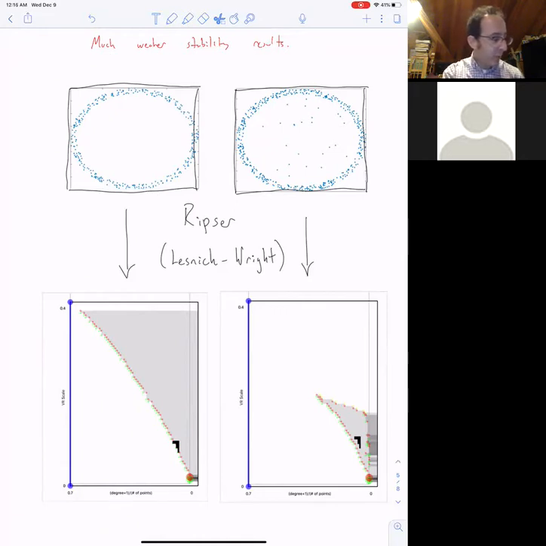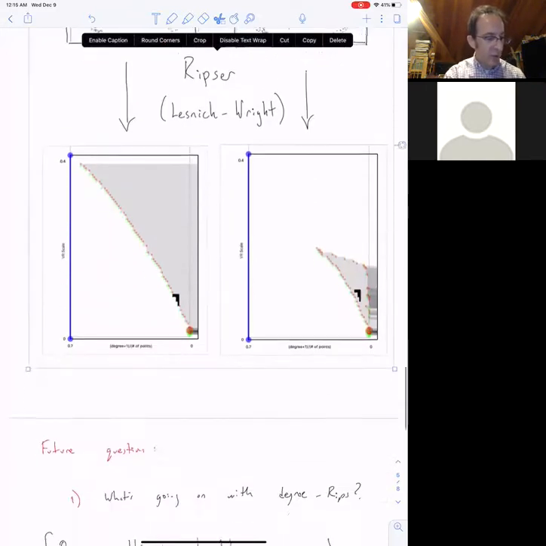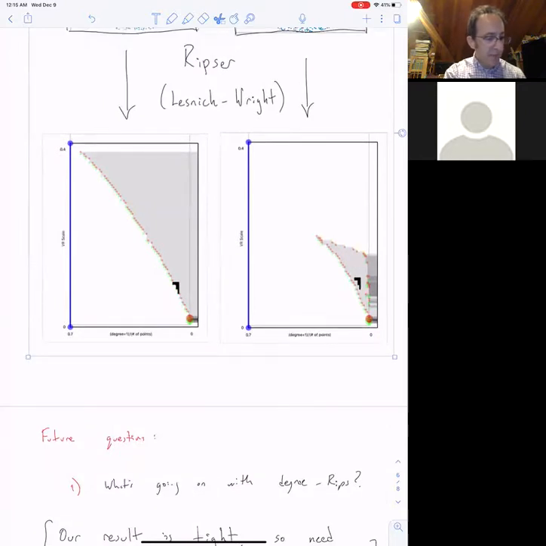On the left, there's a big gray region where you detect that cycle. The vertical axis is epsilon, the feature scale, and the horizontal axis is the degree scale, the density scale. On the right, you get a much more truncated region of parameter space where you can see the cycle, and it's noisier around the edges. What the stability theorem guarantees is that that little black region is conserved between the two pictures.